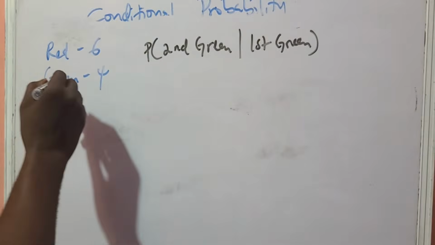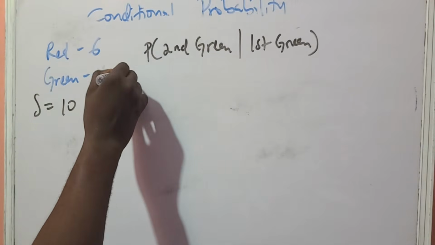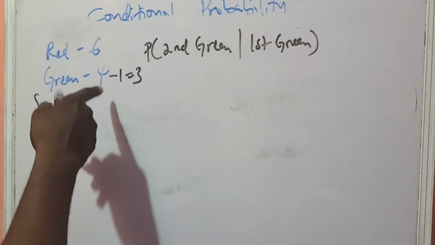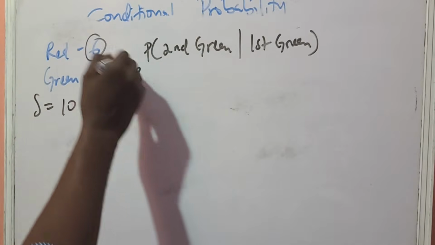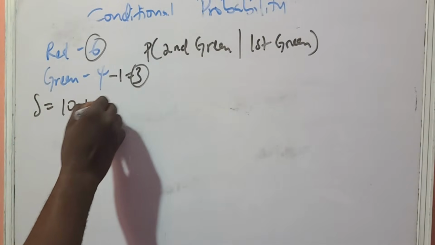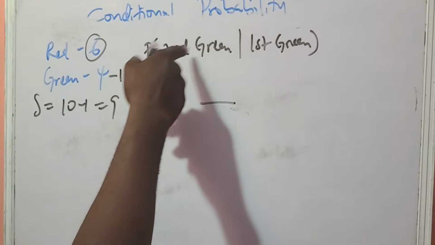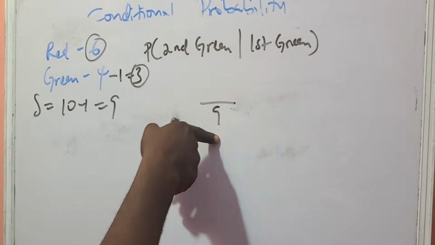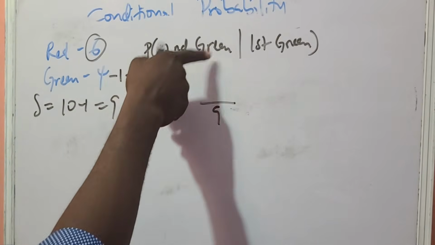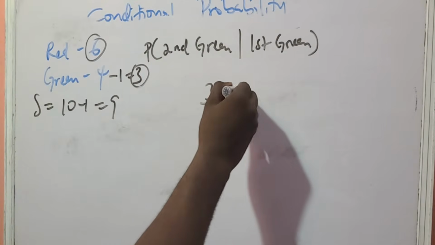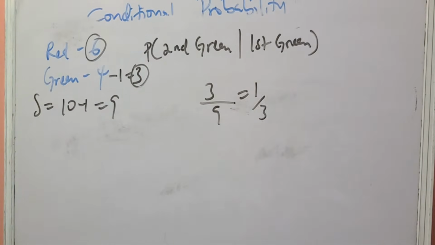So your green balls from 4 will be reducing to 3. And if it's reducing to 3, we have 6 plus 3, so your new sample space will be 9. So the probability that the second will be green will be something over 9. Second being green, you don't have your 4 green anymore, you have only 3. That'll be 3 over 9, which is 1 over 3.